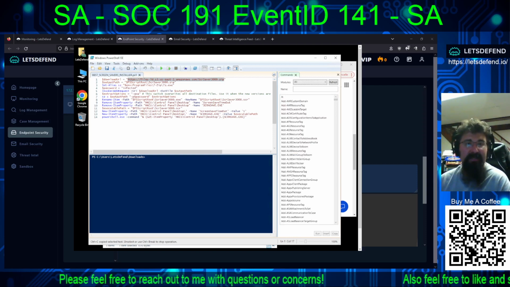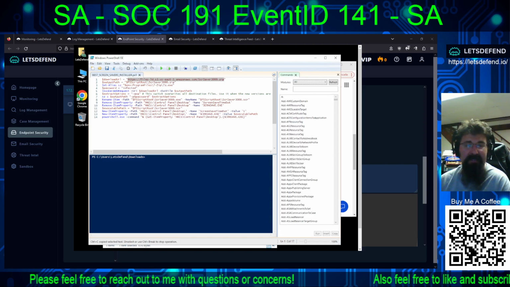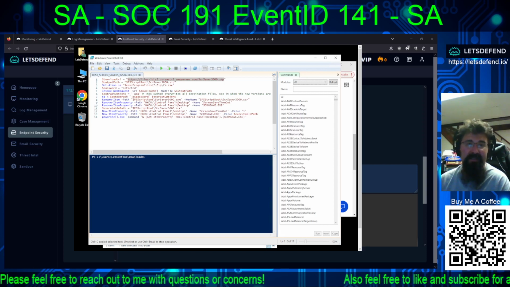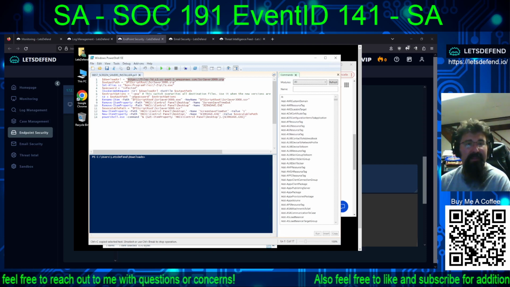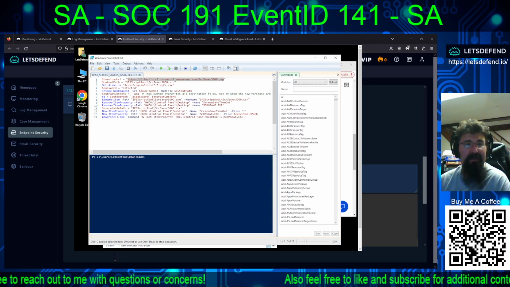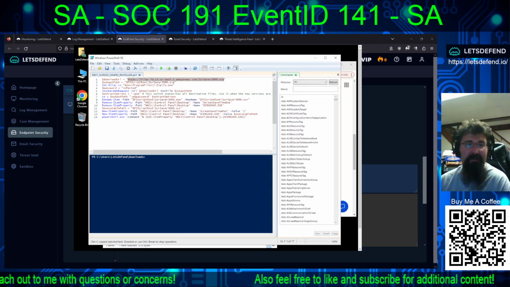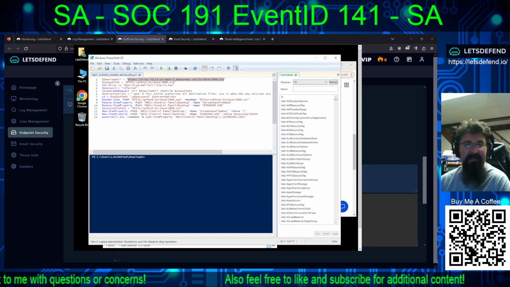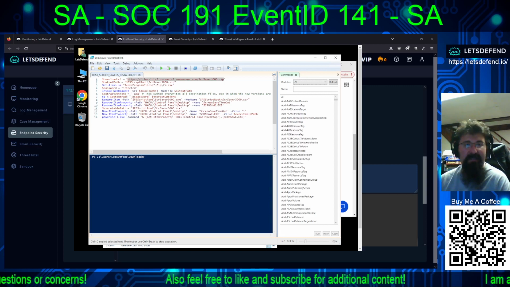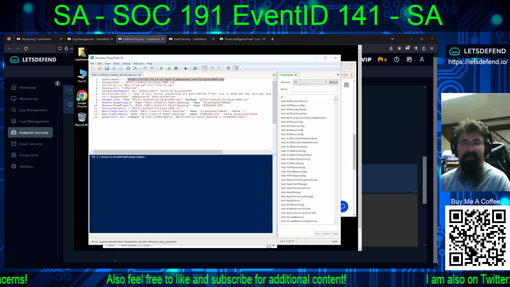So it goes out, it hits US East 2 from Amazon AWS, pulls down SCRNSAVE.EXE, it extracts it utilizing 7-zip. Wow, I wonder what would happen if 7-zip didn't exist on the host. And then it looks like it just dumps it in. Sets it as a screensaver.